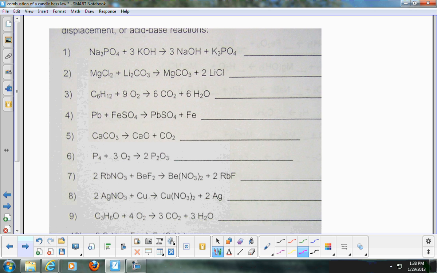Okay, so let's look at number one. Number one, a couple, new couple, what type? Double displacement, good. What about number two? Let's skip number two. Let's go down to number three. What kind is that?